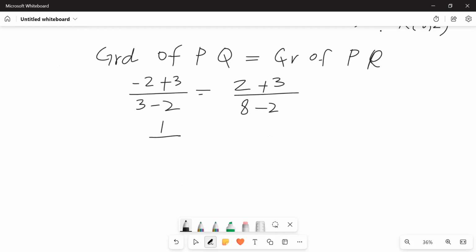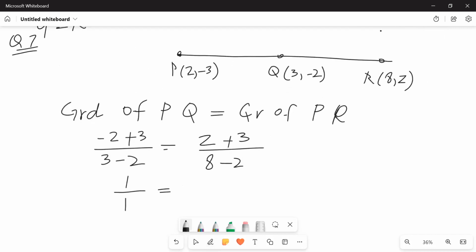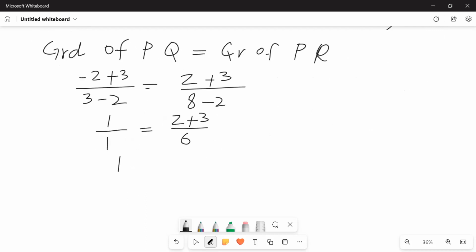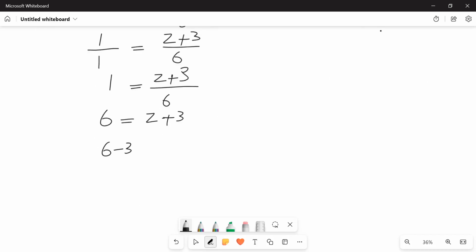Now it is 1 over 1, and it will be Z plus 3 over 6. It is 1 equals Z plus 3 over 6. Now cross multiply. It will be 6 minus 3 is equal to Z. So Z value is 3.